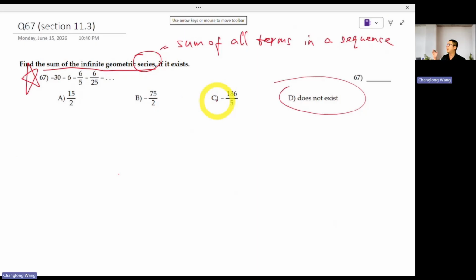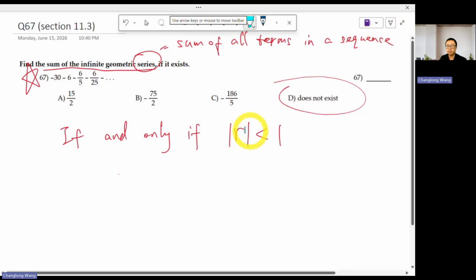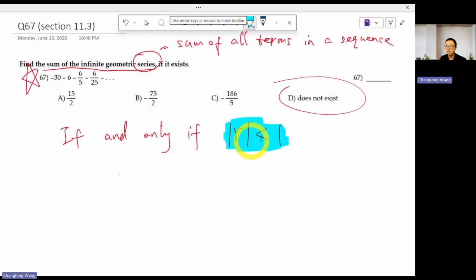It's funny to say that. So it has a finite sum of all the terms if and only if the common ratio has an absolute value that's less than 1. Okay, so this is super important. The common ratio cannot be greater than 1, and it cannot even be exactly 1.